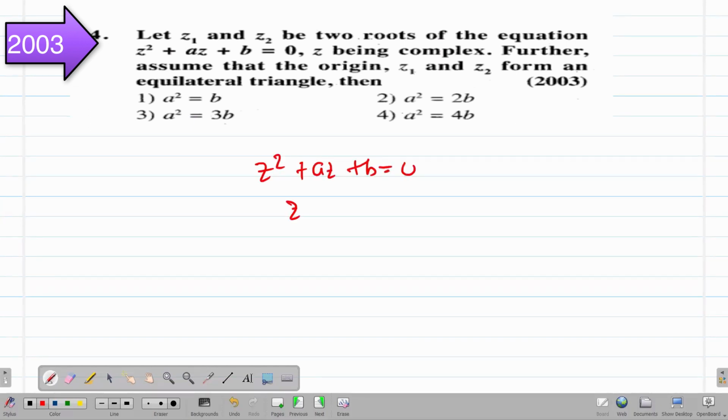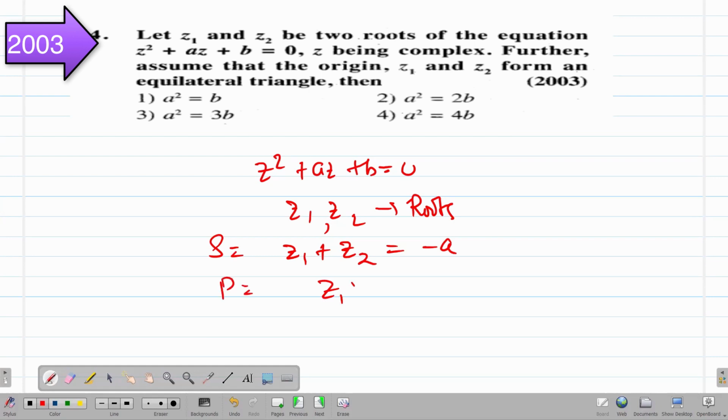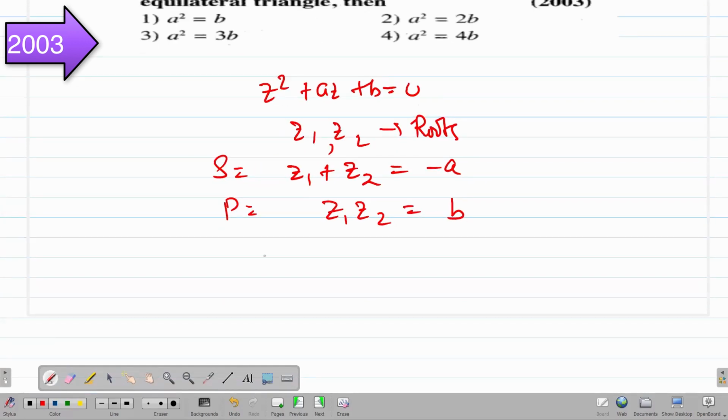Since z1 and z2 are its roots, the sum of the roots is minus b by a, so here I get minus a, and the product of the roots is c by a, so I get b here. Further, the origin, z1, z2 form an equilateral triangle. So the vertices of the equilateral triangle are z1, z2, and z3 is the origin, so z3 is 0.